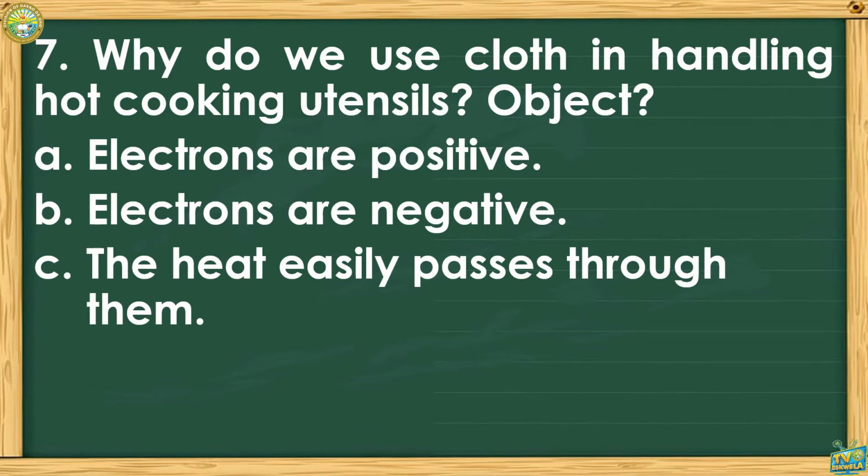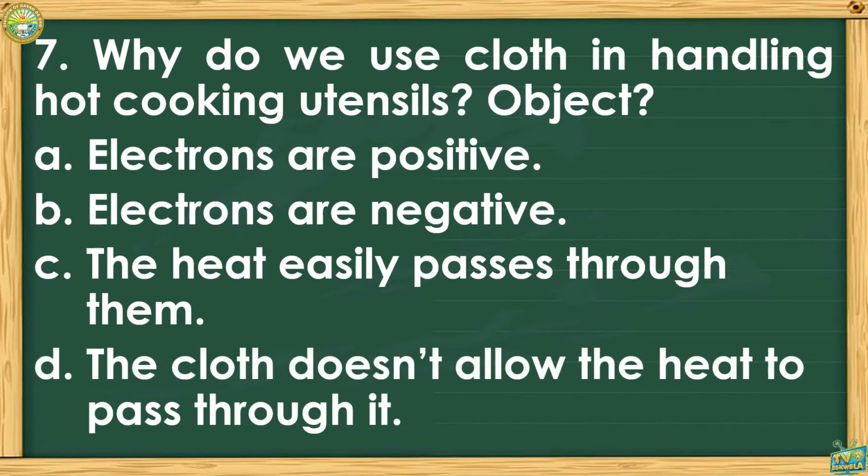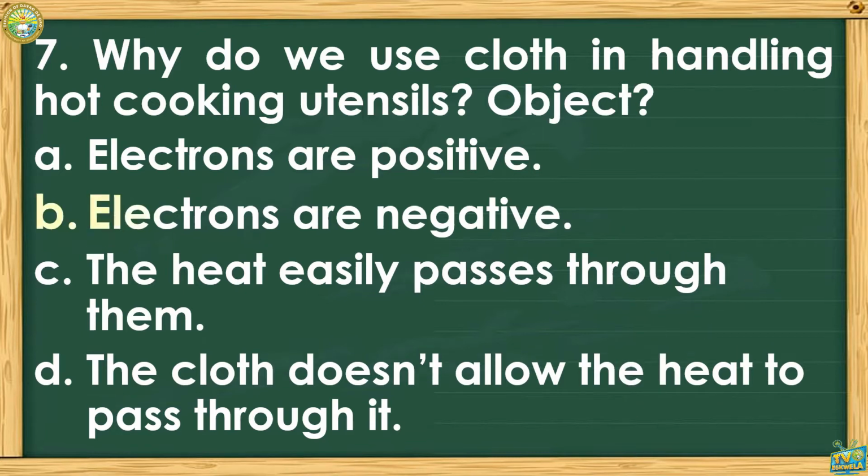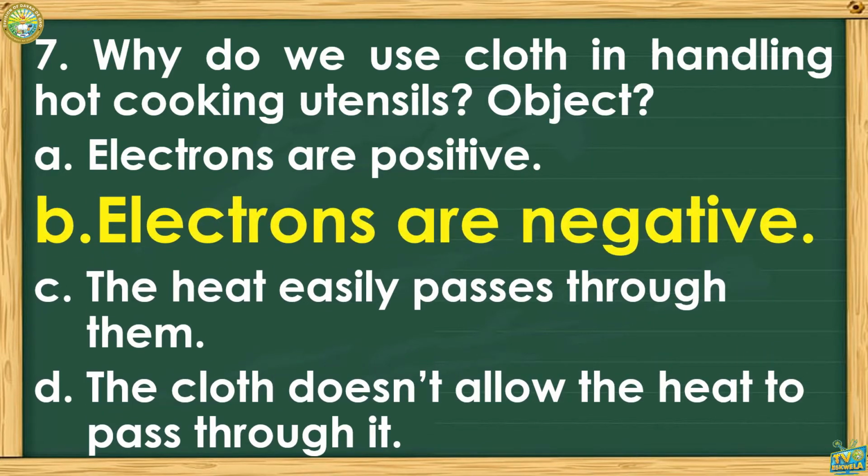C. The heat easily passes through them. D. The cloth doesn't allow the heat to pass through it. The correct answer is letter B. Electrons are negative.